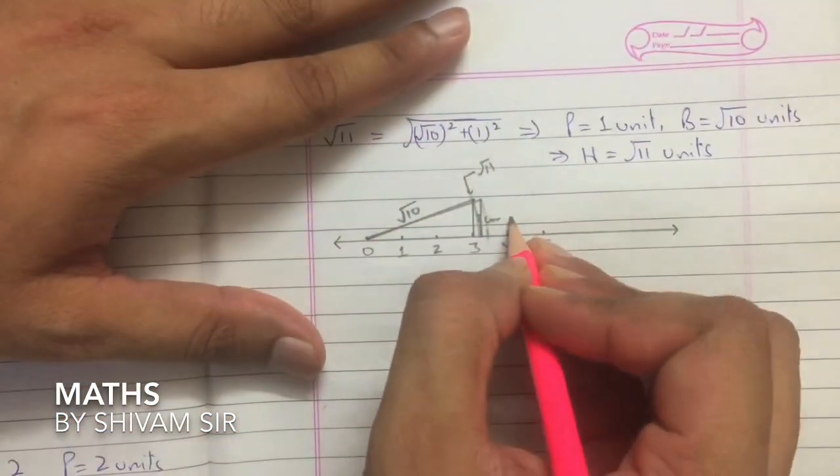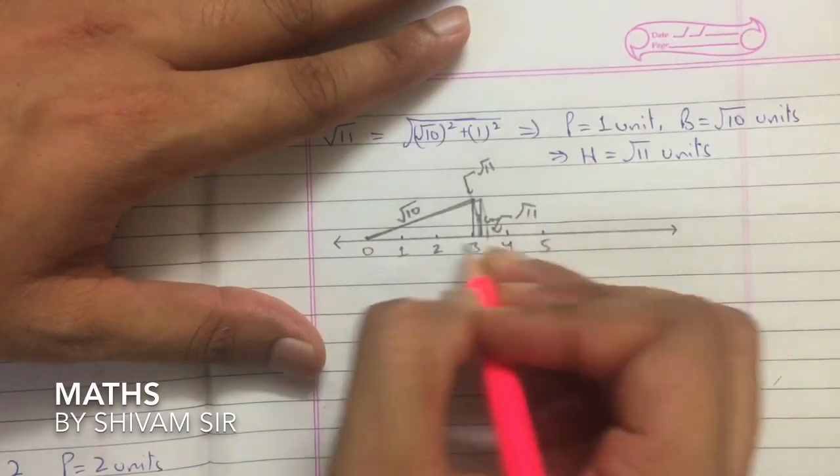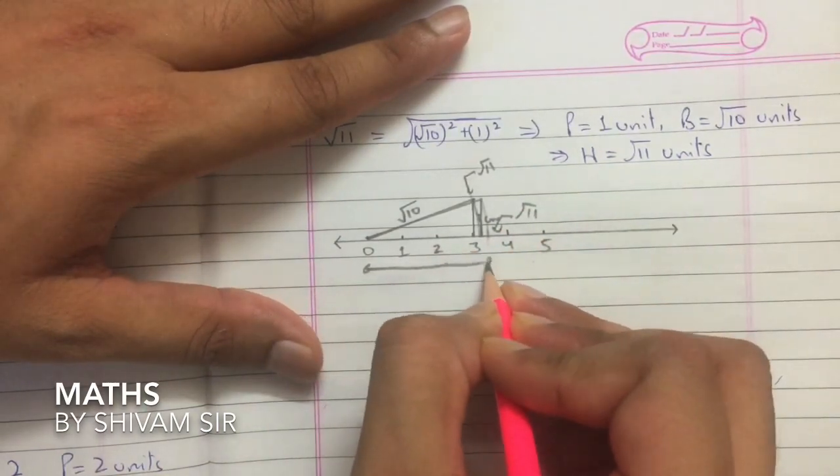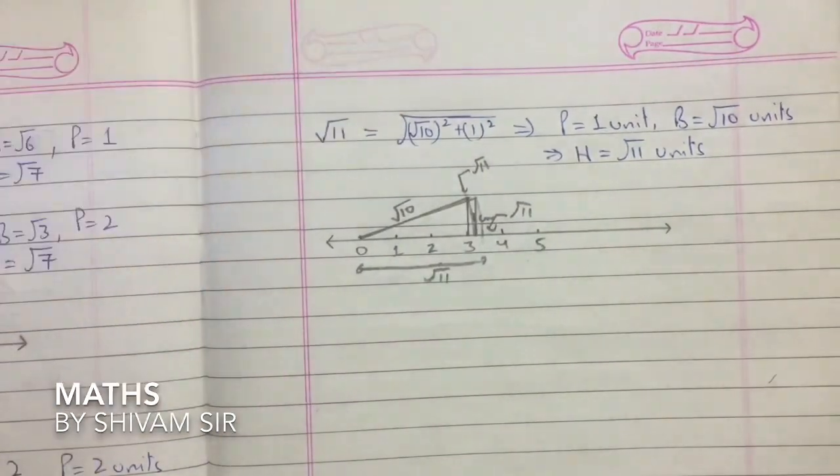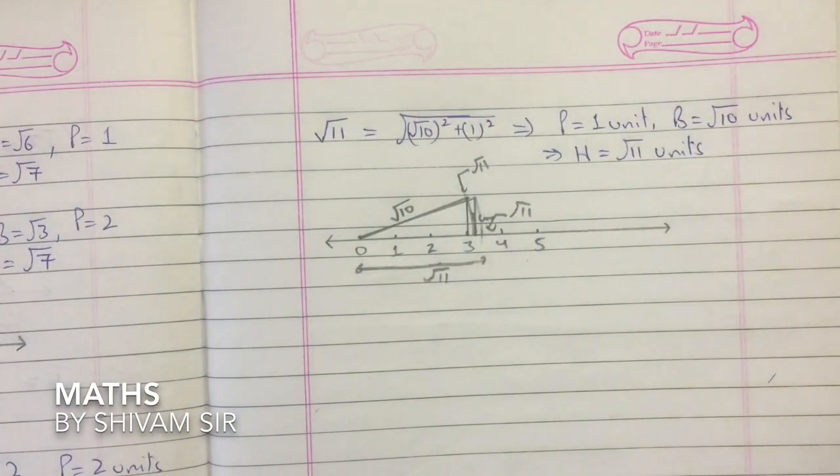So we can say this distance is root 11. This is how we are going to represent root values on number line. So this is method 1.